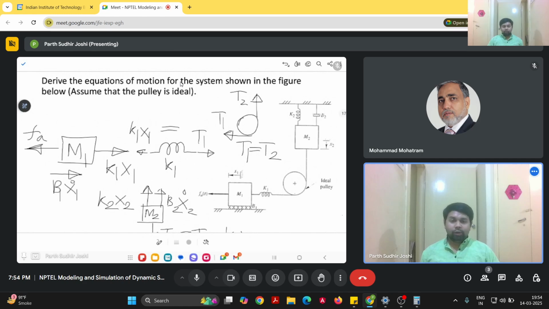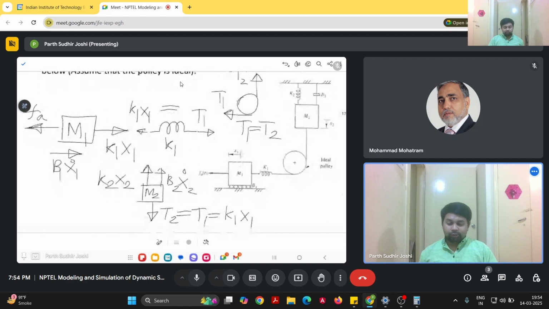Then, depending on the angle of wrap of the rope over the pulley, that will decide how much the difference between the tensions on both sides will be.